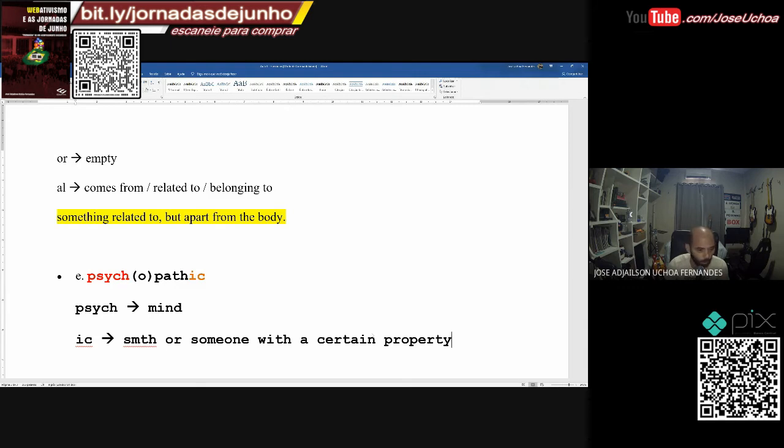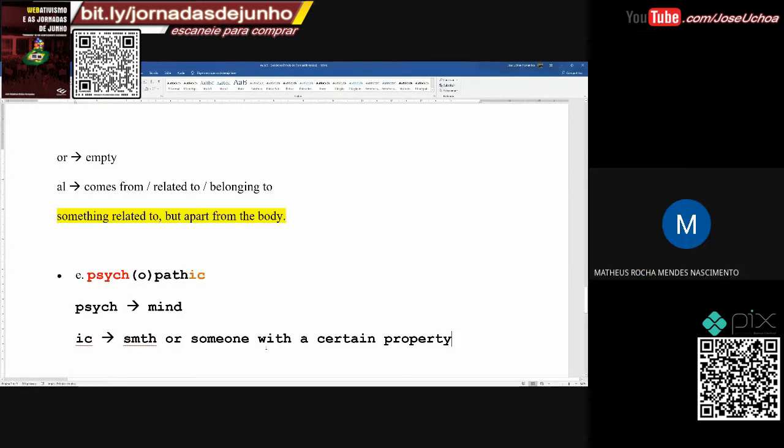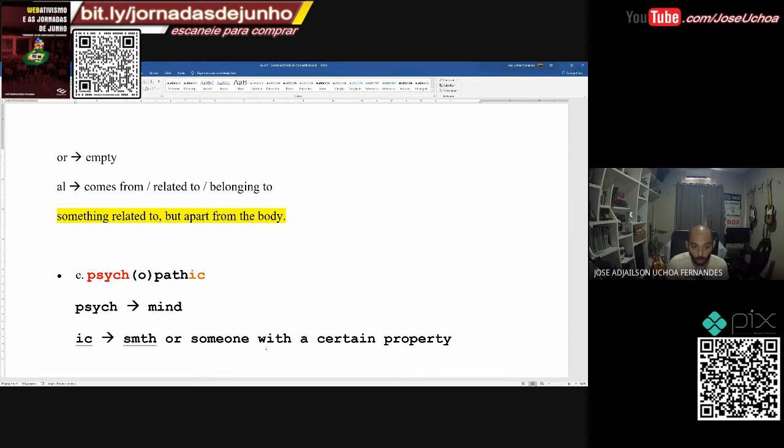Do you agree? Or you are not convinced? Do you agree that the suffix ic will always refer to someone or something with a certain property, with a certain characteristic?